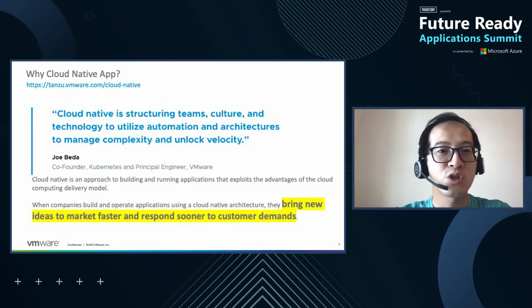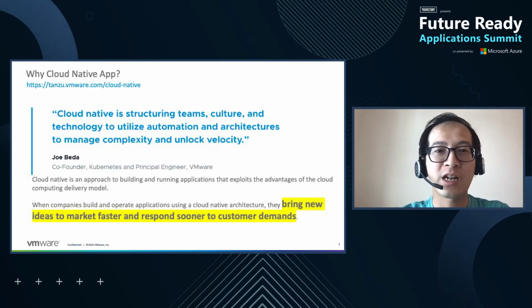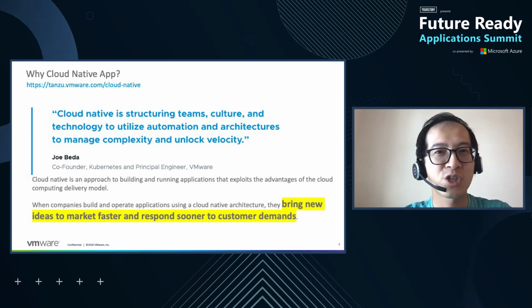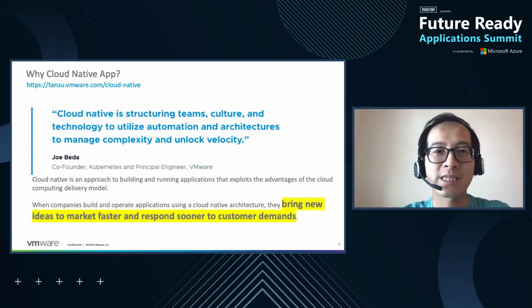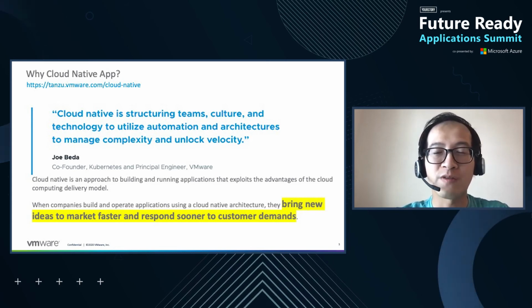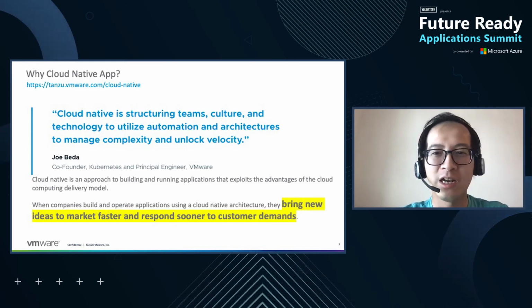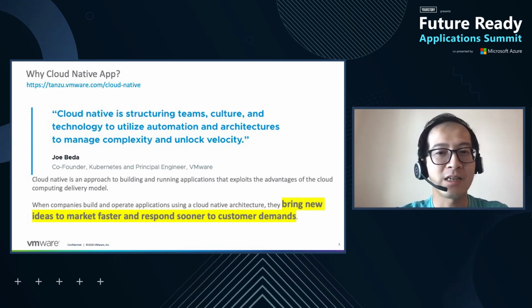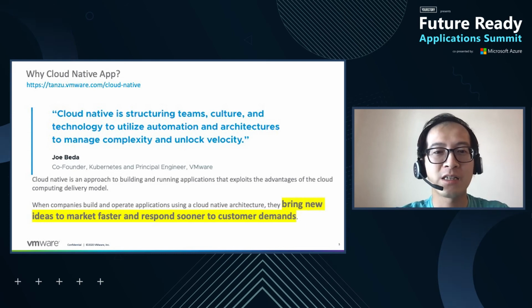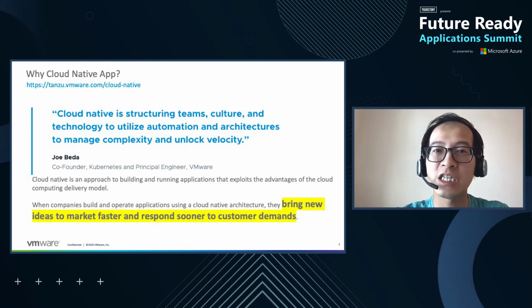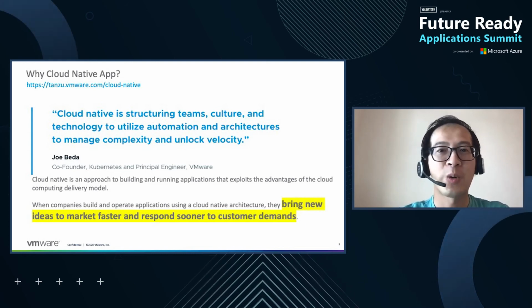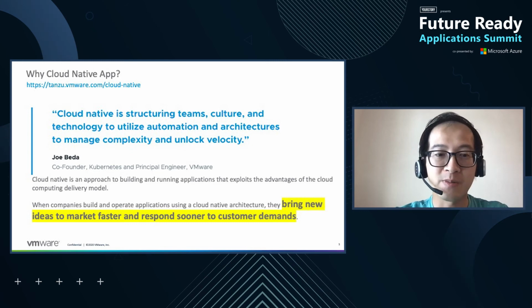If you want to transform your apps into cloud native apps, the first question to ask is what exactly you want to do with cloud native, and why you want cloud native applications and architecture, because cloud native is structuring a lot of technology and your team. The business reason is very simple.